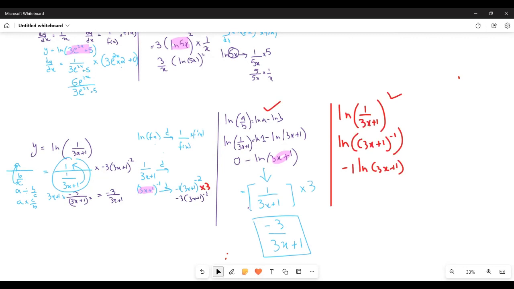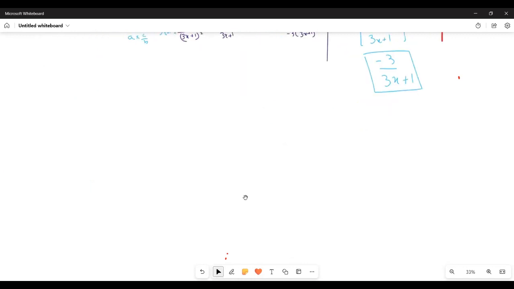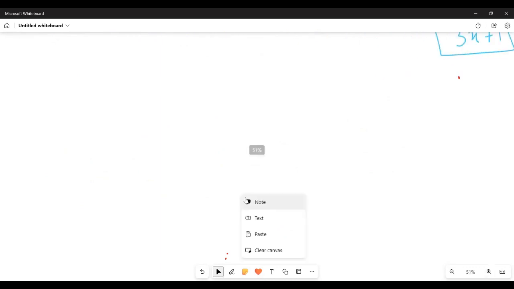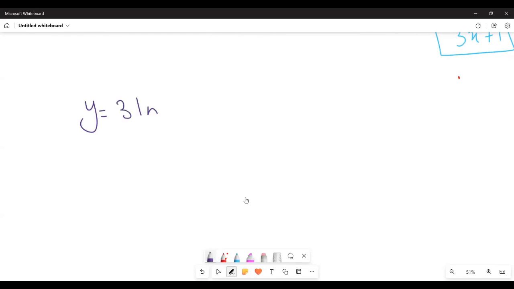Another example. Y equals 3 ln x power minus 2. Okay. Again, instead of trying to differentiate it, let's first apply a property of log on this.